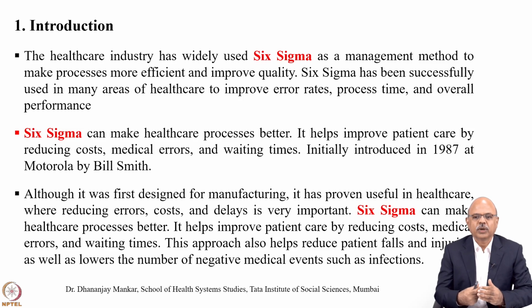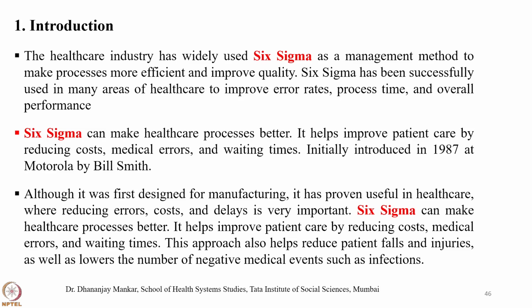Initially, it was introduced in 1987 at Motorola by Bill Smith. Although Six Sigma was first designed for manufacturing, it has proved useful in healthcare where reducing errors, cost and delays is very important. So Six Sigma can make healthcare processes better. It can be used in healthcare.